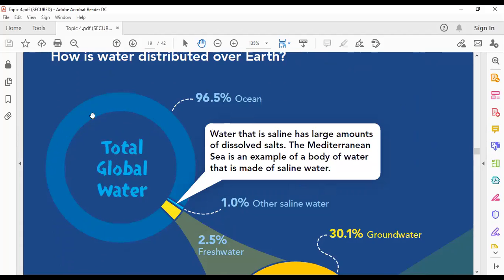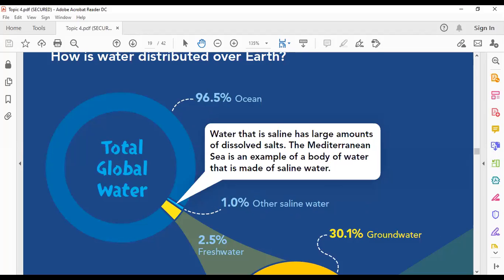The water colored here in blue, all of it is salt water. 96.5% of this water is found in the oceans, and 1% in other saline water and other sources. So 1% plus 96.5% equals 97.5%. The word saline means salty.